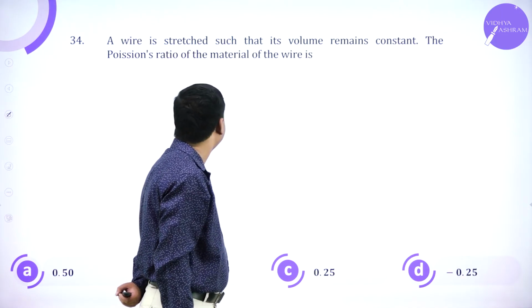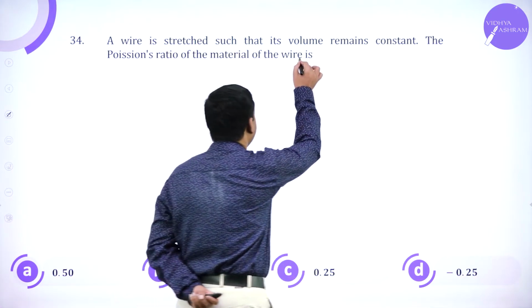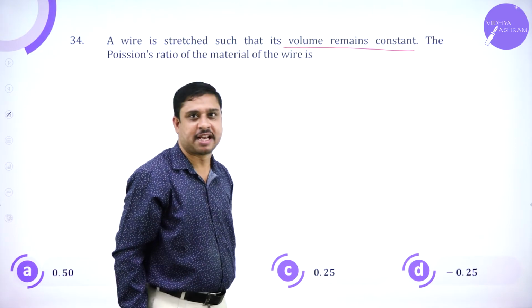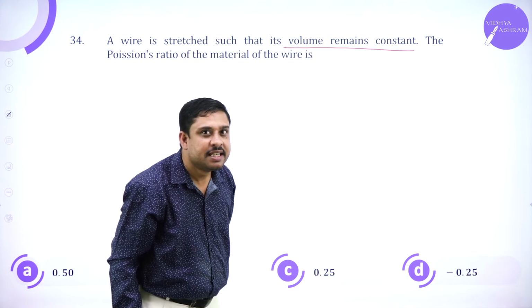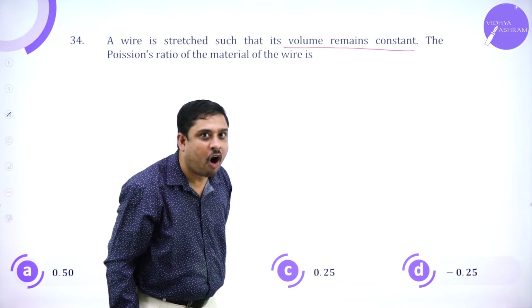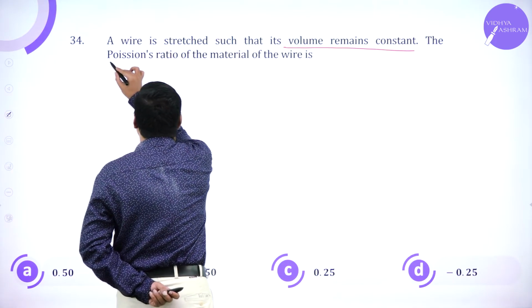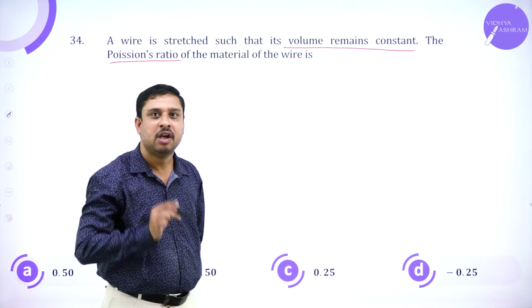A wire is stretched such that its volume remains constant. We are stretching a wire such that the volume remains constant. Poisson's ratio for the wire.